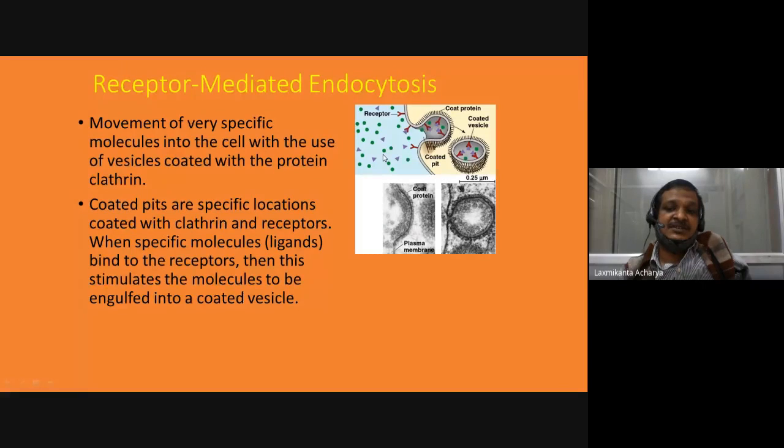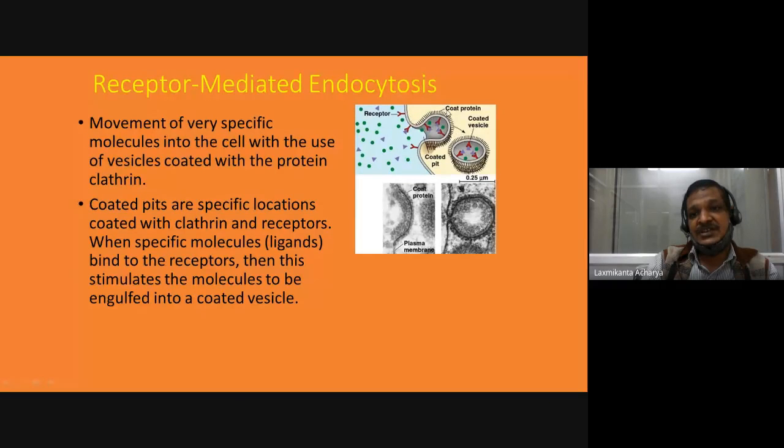You see, the thickness of the plasma membrane is not constant throughout the cell. There are certain thin and thick portions. The thin portions, we call them pits. These pits are associated with certain proteins, so they are coated with certain proteins.